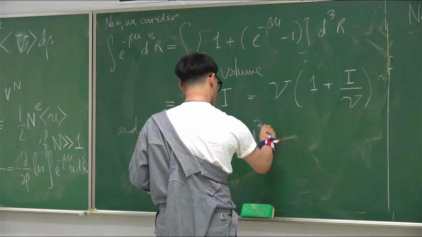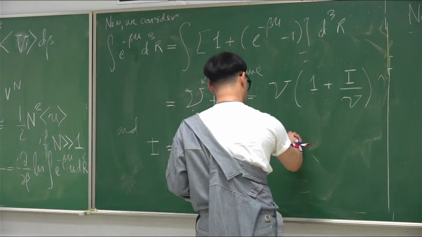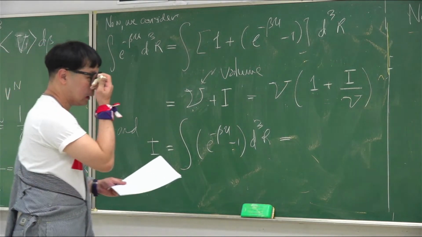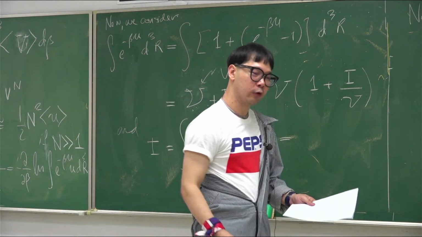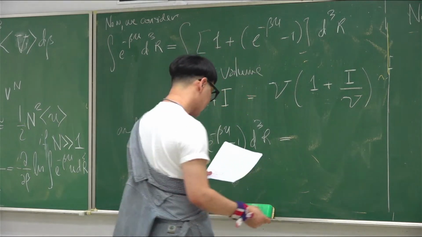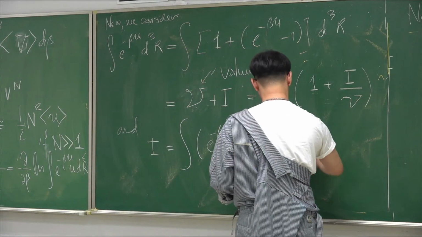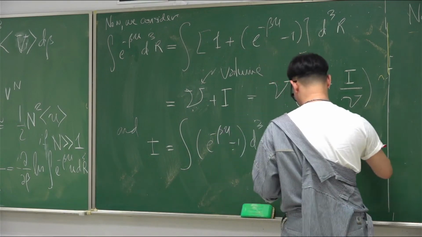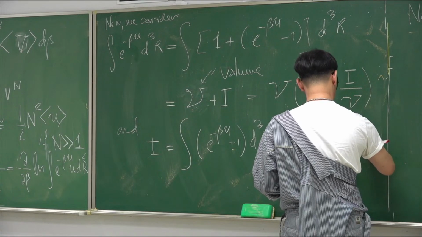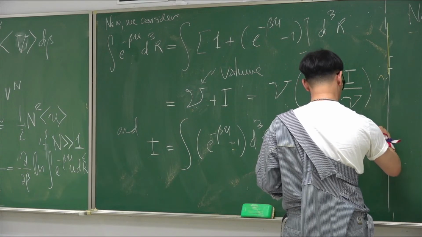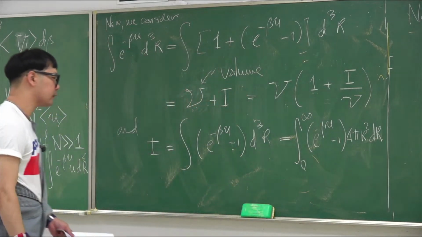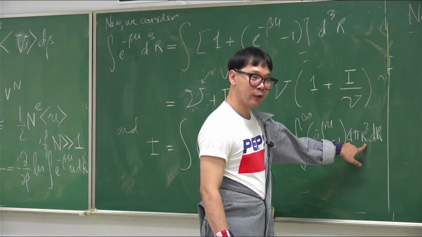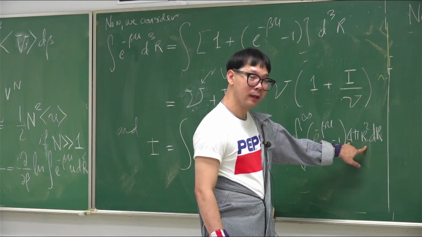You can use the spherical coordinates, right? Once you use the spherical coordinates, all the angular part, after you do the integration, you will get this 4 pi r squared, right?